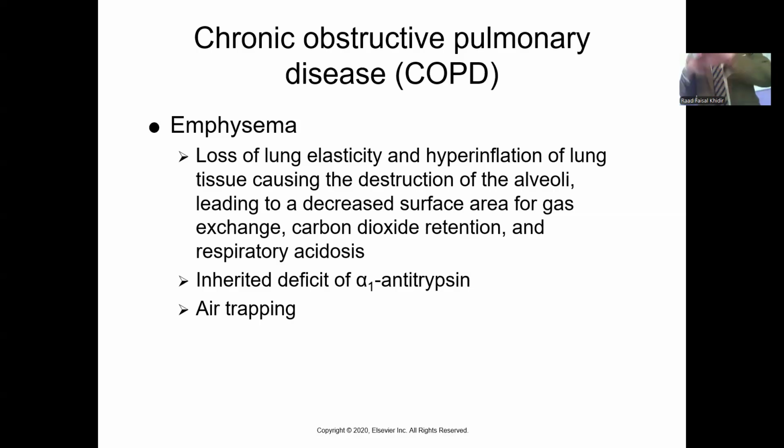Trypsin is going to degrade and chop up and destroy the elastic surface of your alveoli. But this factor here, alpha-1 antitrypsin, is anti. So it's anti the bad guy, anti the trypsin. But some people have a mutation, a genetic disease where there is a deficiency of alpha-1 antitrypsin. And there's air trapping.